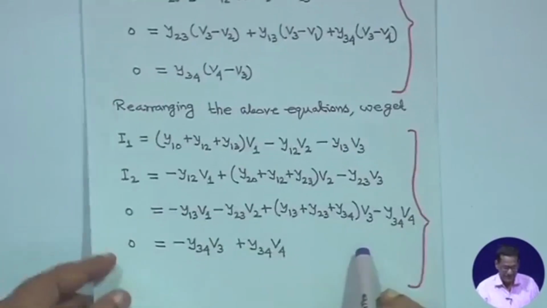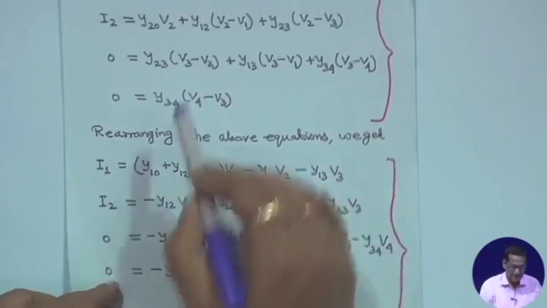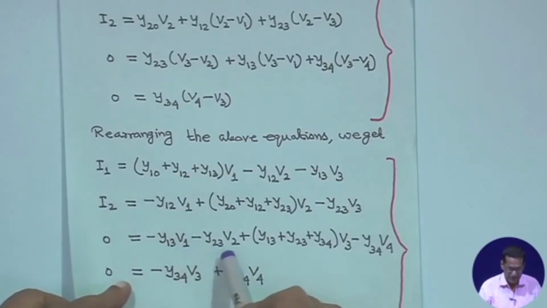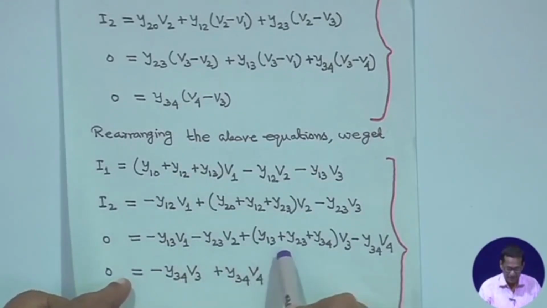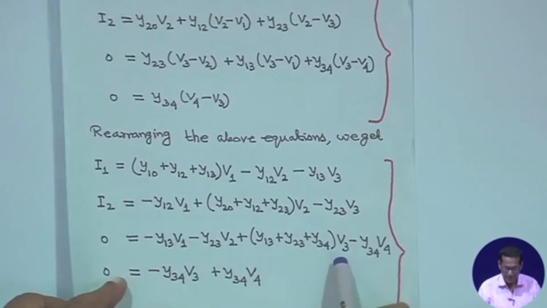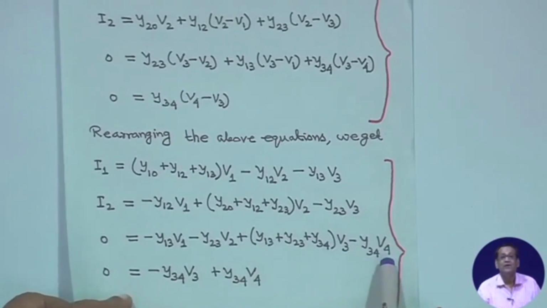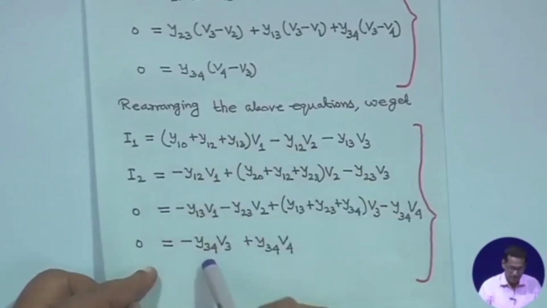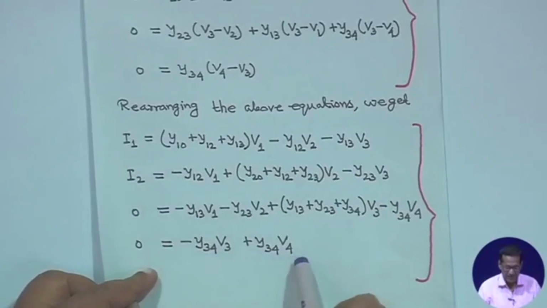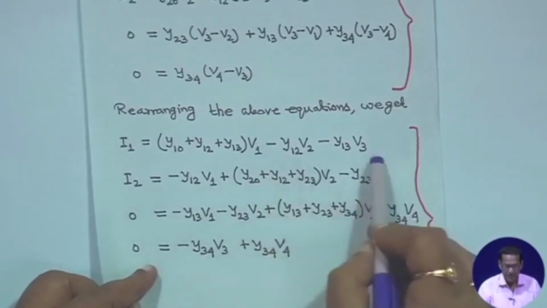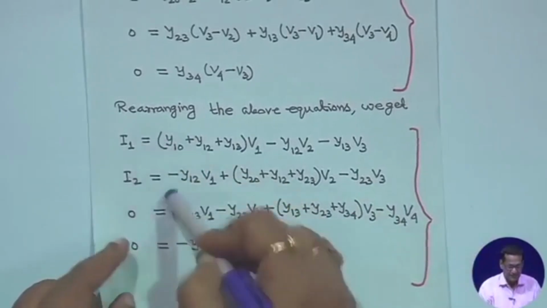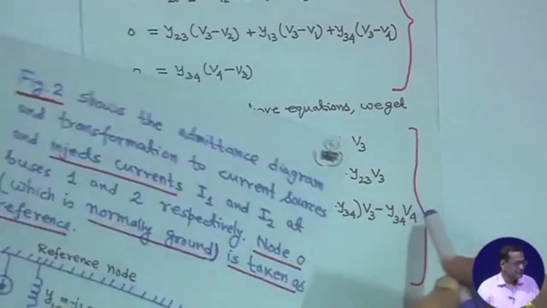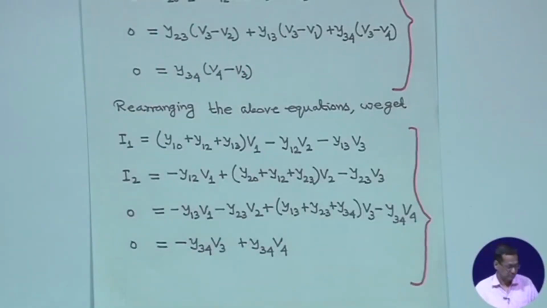Then the third one: 0 is equal to minus Y13 V1 minus Y23 V2 plus (Y13 plus Y23 plus Y34) V3 minus Y34 V4. And the last one: 0 is equal to minus Y34 V3 plus Y34 V4. We are arranging V1, V2, V3, V4 this way. So, this is your I1, I2, and these two current injections are 0. We are rearranging, but no equation number is given.